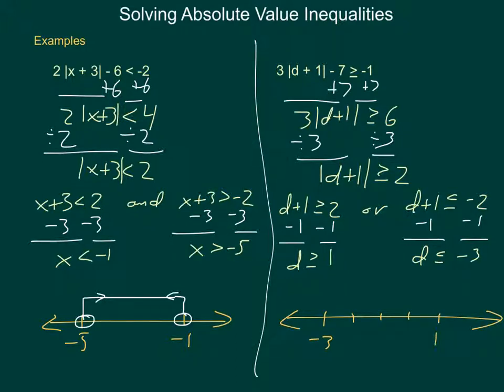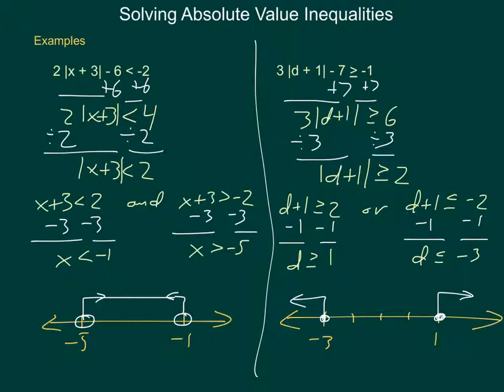I have an open circle, a filled-in circle on each of my endpoints, and I want greater than 1 or less than negative 3. So we have all of our pieces from everything we've been learning in Algebra 1 so far thrown together into this one problem.